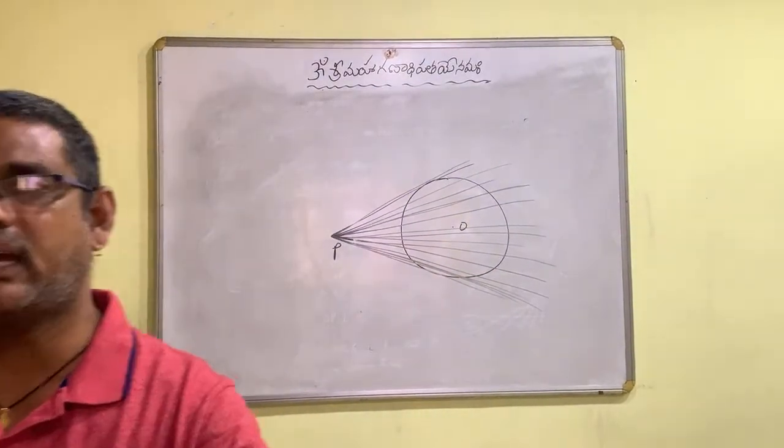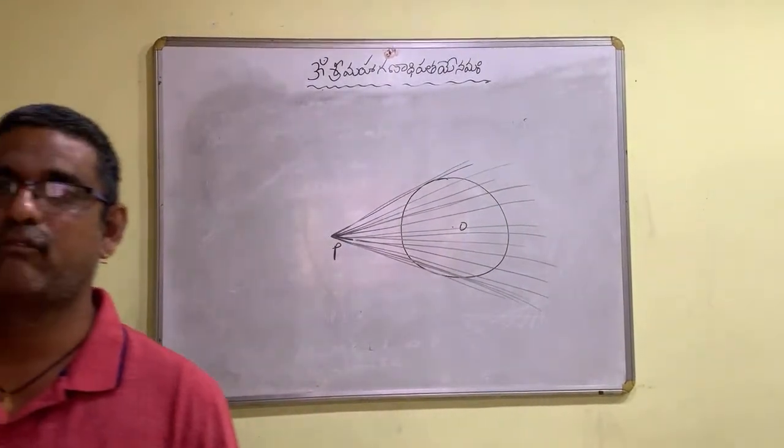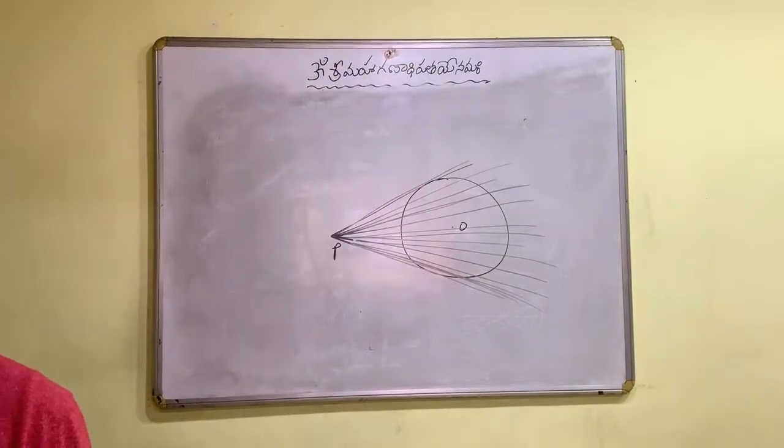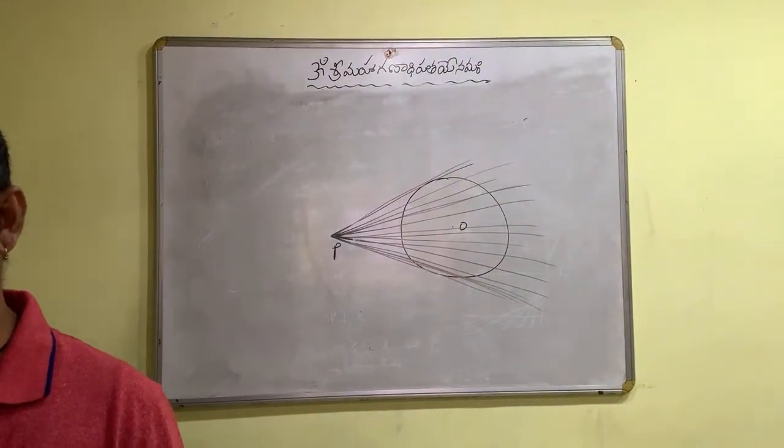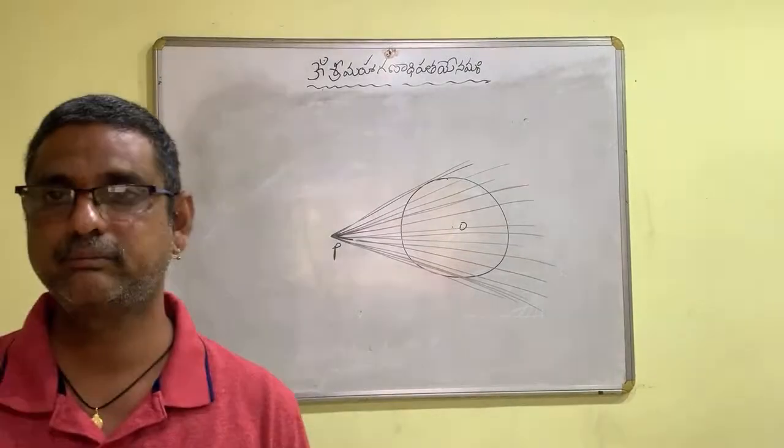From P to the circle with center O, we can draw an infinite number of lines.